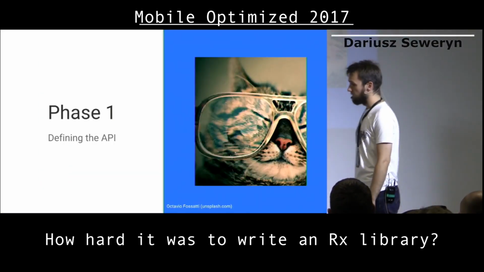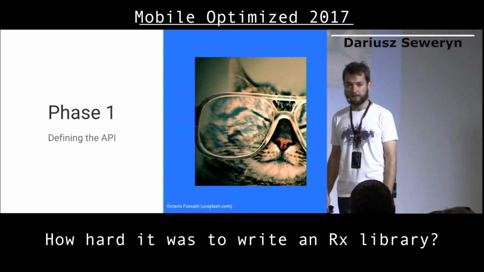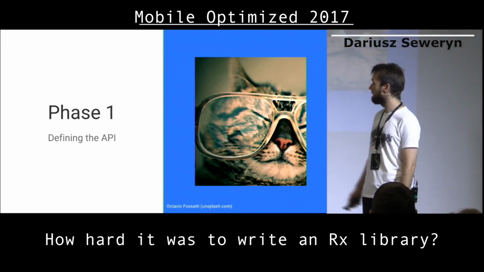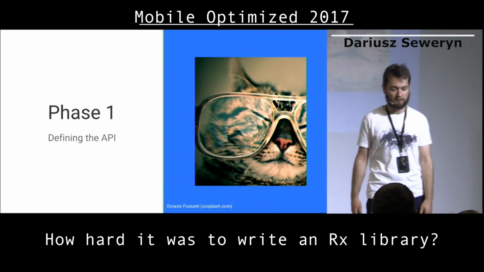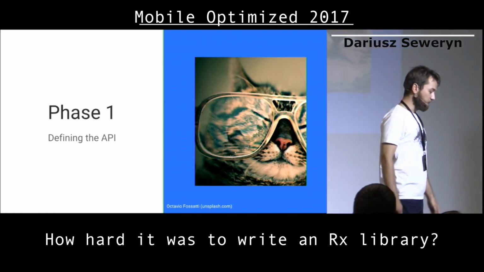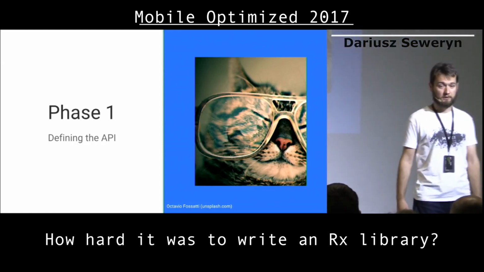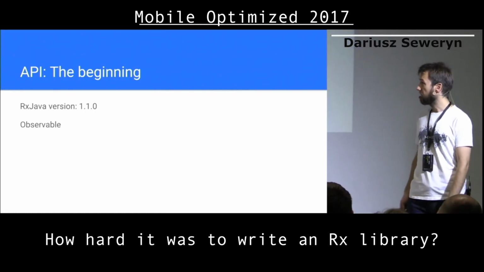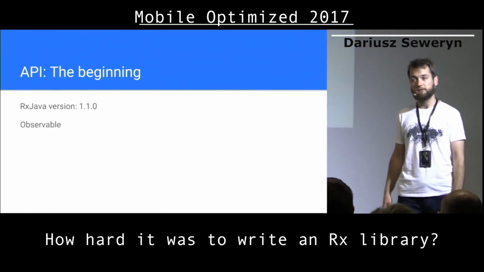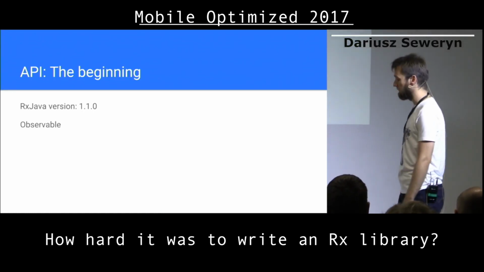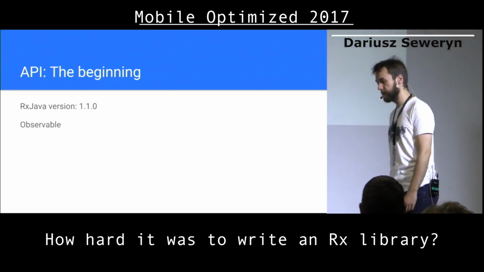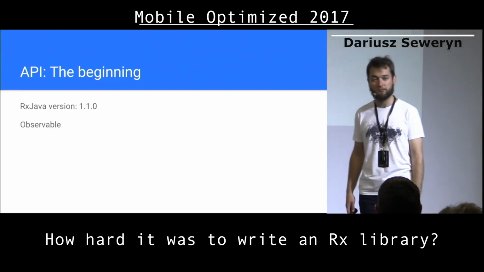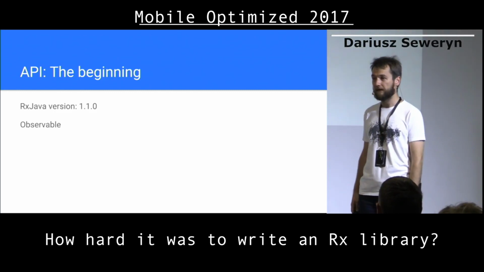So when we have our abstraction, we should go to define the API. When I started working with the library, there was only RxJava in version 1.1.0. And the only possible interface to use was an observable.